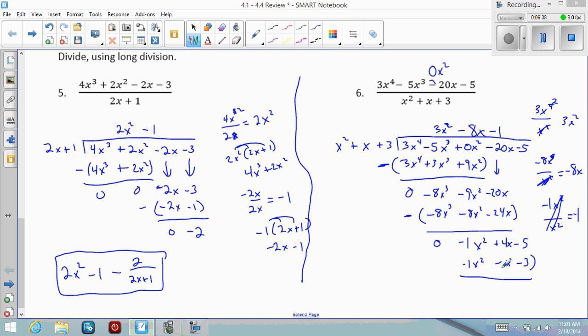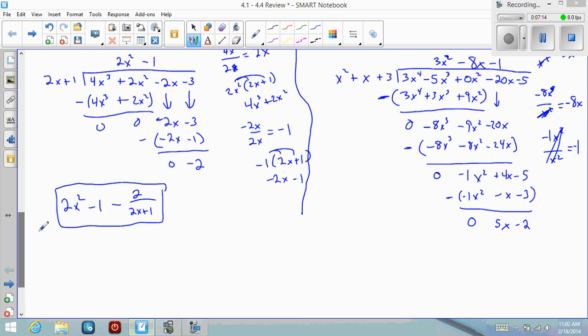And when I subtract, I get negative 1x squared minus negative 1x squared, which is 0. 4x minus negative x is positive 5x because you're adding the x because of the double negative. And here we have another double negative with the 3, so negative 5 is going to become negative 5 plus 3, which is negative 2. And so we get 5x minus 2 for our remainder.